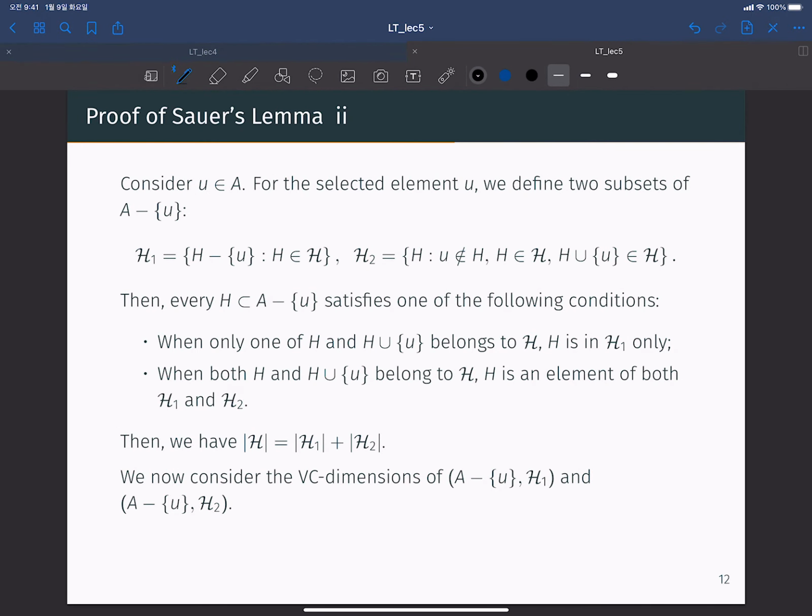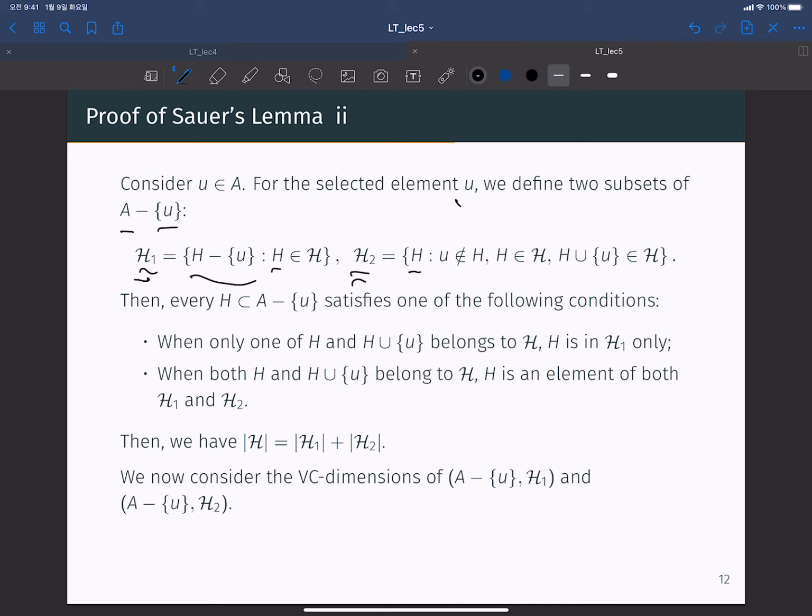And consider one single element of A, and for the selected element U, we define two subsets of A minus the singleton U, which are the H1 hypothesis set and the H2 hypothesis set. H1 is simply removing the singleton U from each hypothesis. H2 is a little bit more complicated.